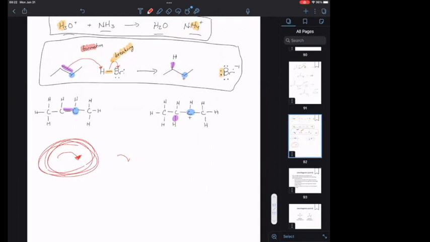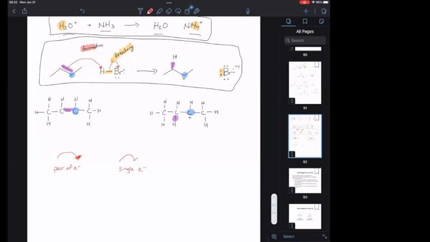That's the vast majority of chemical reactions, using that type of arrow here, because this represents a pair of electrons moving, whereas this only represents a single electron moving.